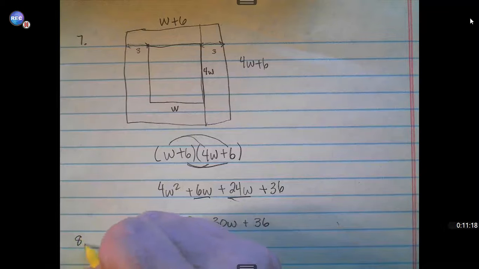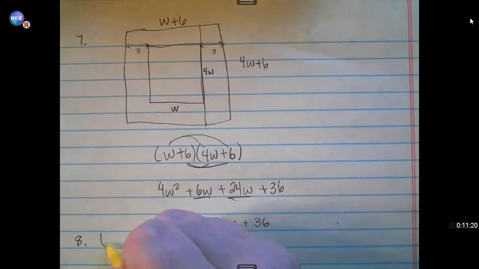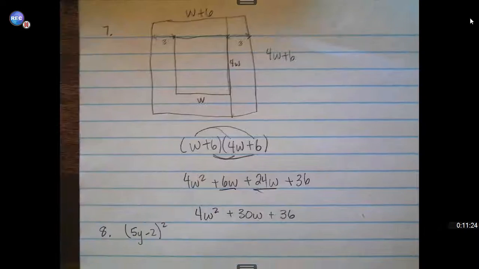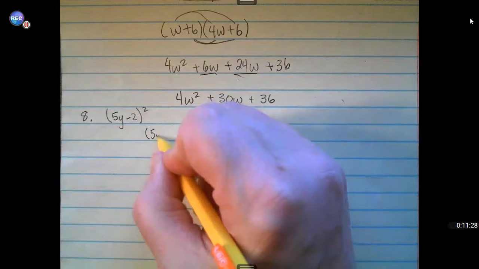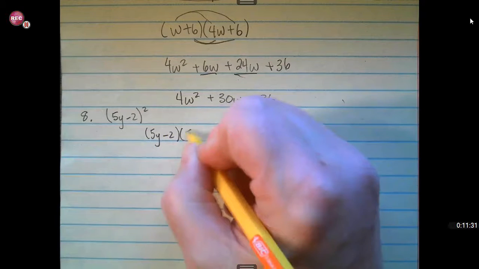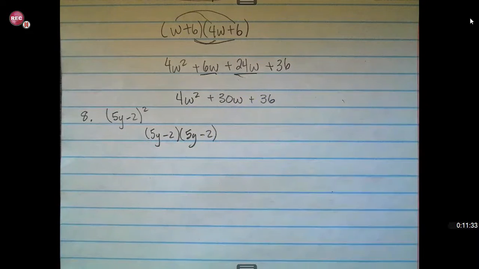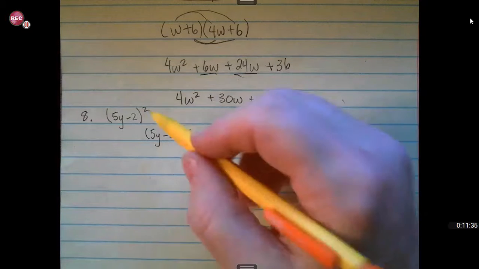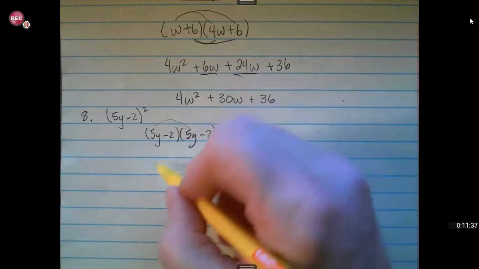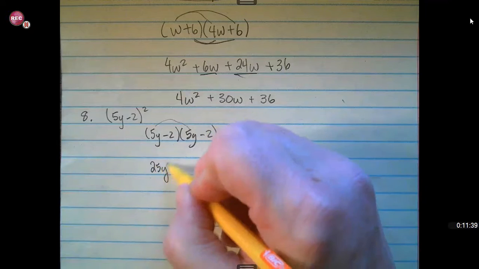Number 8 says find the product of 5y minus 2 squared. And remember what that means. That means I'm going to take 5y minus 2 times 5y minus 2. Do the same thing I just did up above there. Take 5y times 5y and get 25y squared.